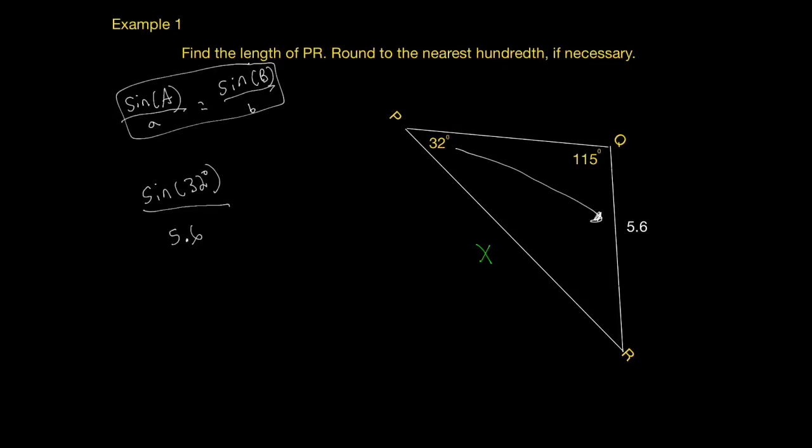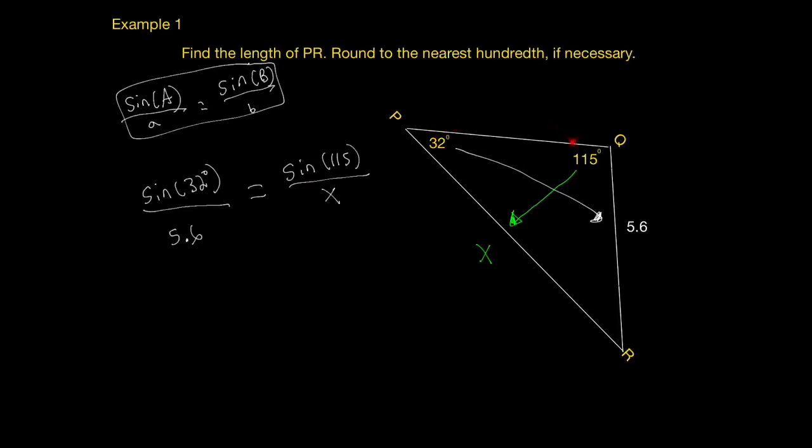Now that's going to equal, I can grab another angle, and I'm going to use 115 degrees since I was given this angle. So this is going to equal sine of 115 to the length X. So I get sine of 115 all over X. We have a proportion with 3 known values and 1 unknown, which means we can solve for this.